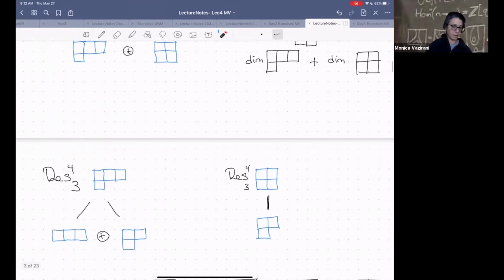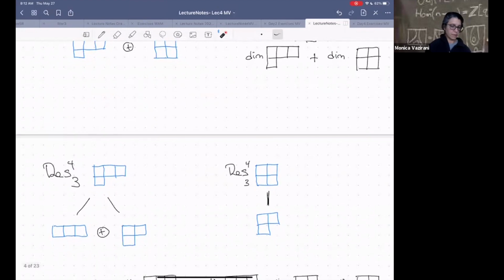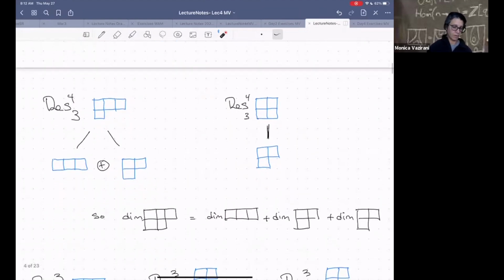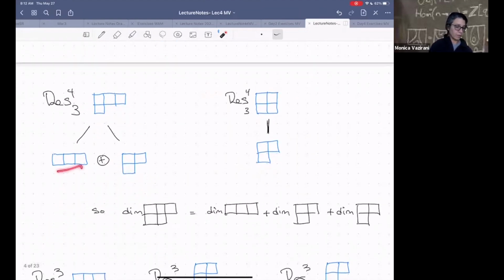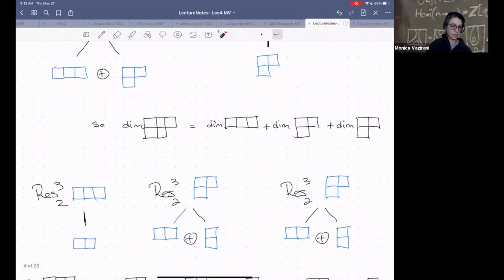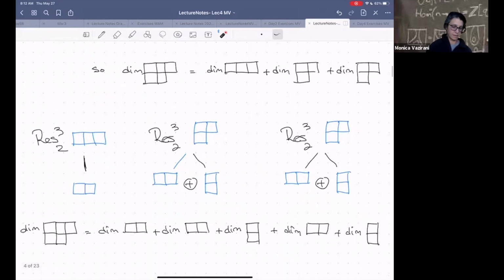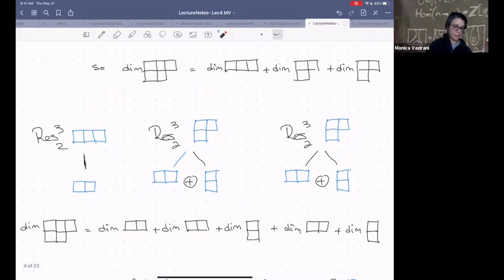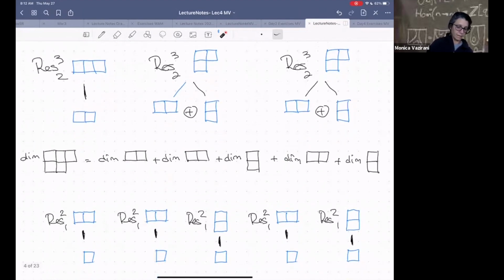Okay. And so here we go. And so that means that whatever this dimension is, it's the sum of these dimensions, and this one happens to be the same. Okay, and now I keep going. I restrict each of these from 3 boxes to 2, and the dimensions will add. And then I have to restrict each of these from 2 boxes to 1, and the dimensions add.